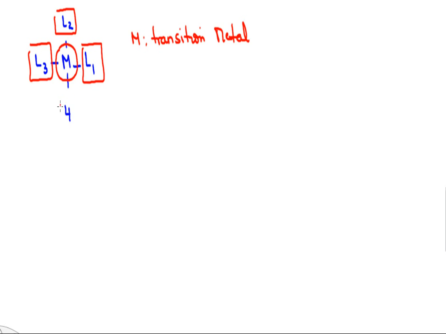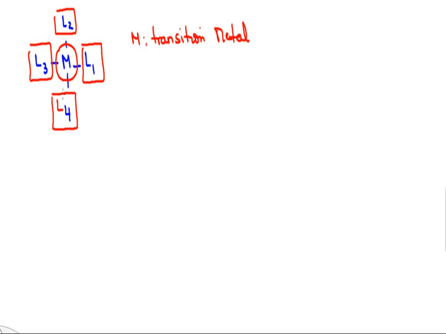To count the electrons in this metal complex, we have to know the electrons provided by M. M is a transition metal, so it has d electrons, and the nature of the ligands around the metal center L1, L2, L3, L4.